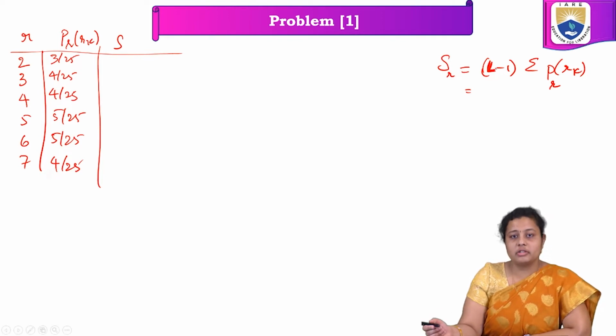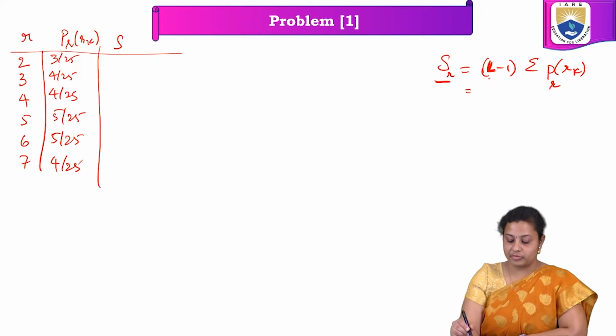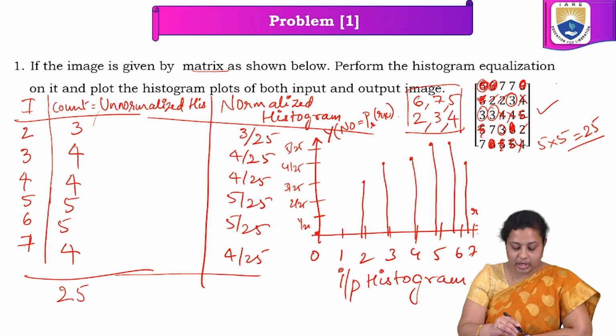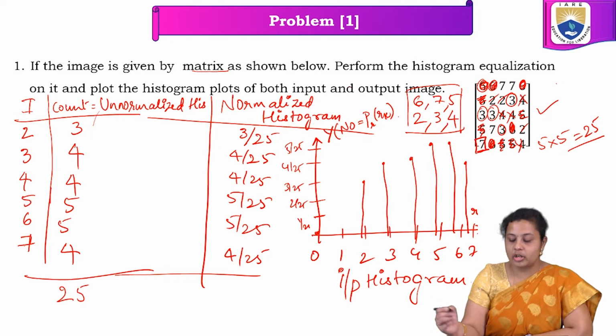Now, what is the L here? The first step: when we want to calculate the output intensity values, we have to know what the L value is. Since nowhere in our question is the value of L specified, what do we do? We take the maximum value available in the image segment, which is 7.